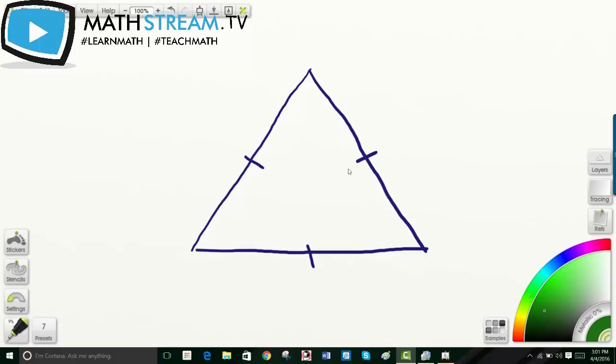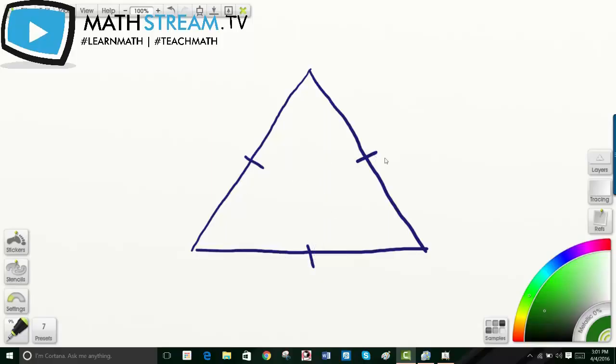In geometry, whether you've taken it or not, I can explain this very simply. Anytime you see one hash mark on multiple lines, it means that those lines are all equal to each other. So even though I might have a little bit of an error in my own drawing, I can communicate to you, as my fellow mathematicians, that these three sides are the same.